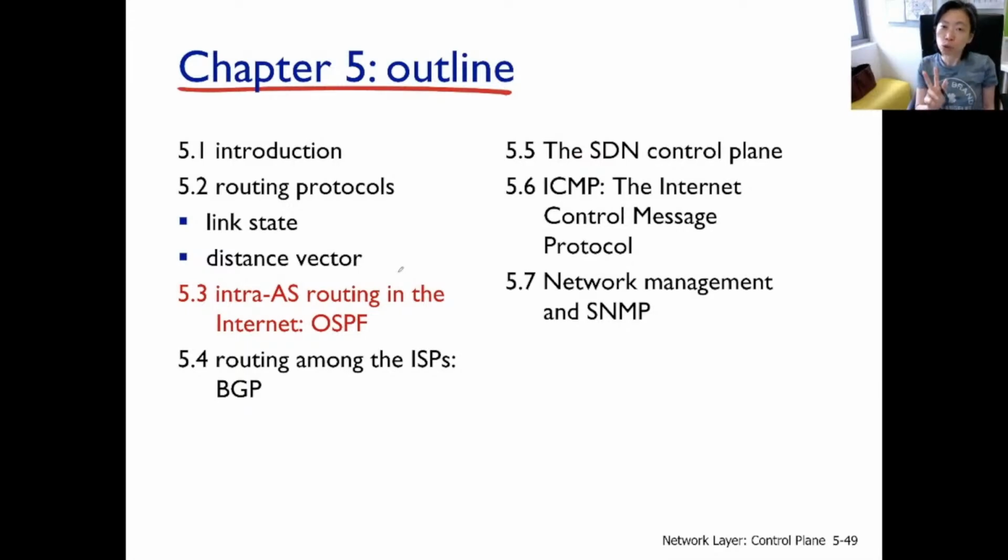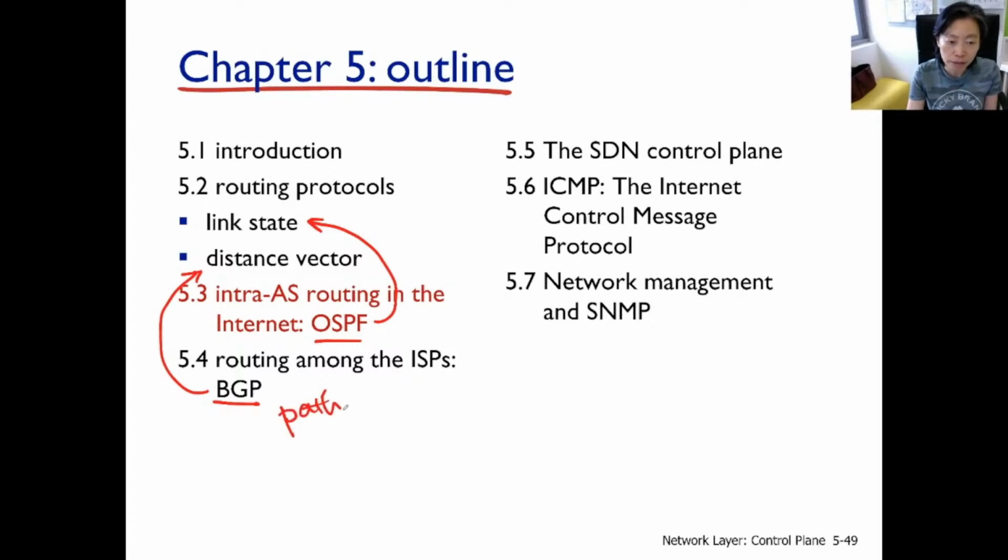Next, we'll be talking about two routing protocols that are actually running on the internet. First is called OSPF, and it's based on the first principle, link state routing, the one that implements the Dijkstra algorithm. The second, BGP, is then based on the other routing principle, distance vector routing. Well, to be exact, BGP is not just distance vector routing.